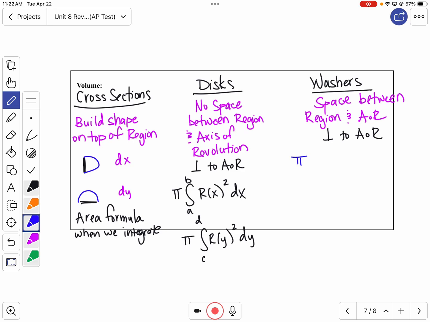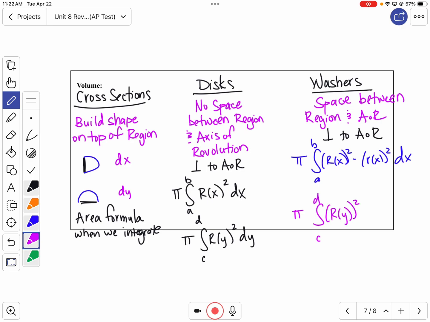So you'd have pi times the integral from a to b of big radius squared minus little radius squared. Or if we switch it, c to d, right minus left. So just as a reminder with those.